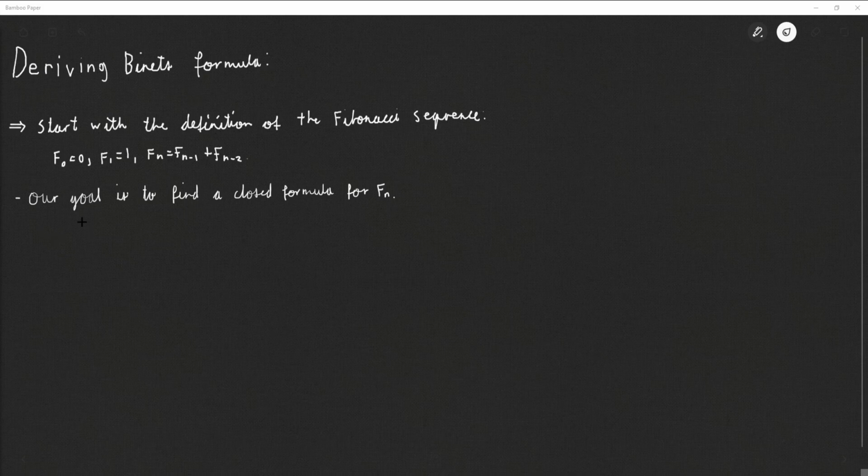So the way that we're going to do this is guess that the sequence might have solutions of the form fn is equal to r to the n, where r is a constant.